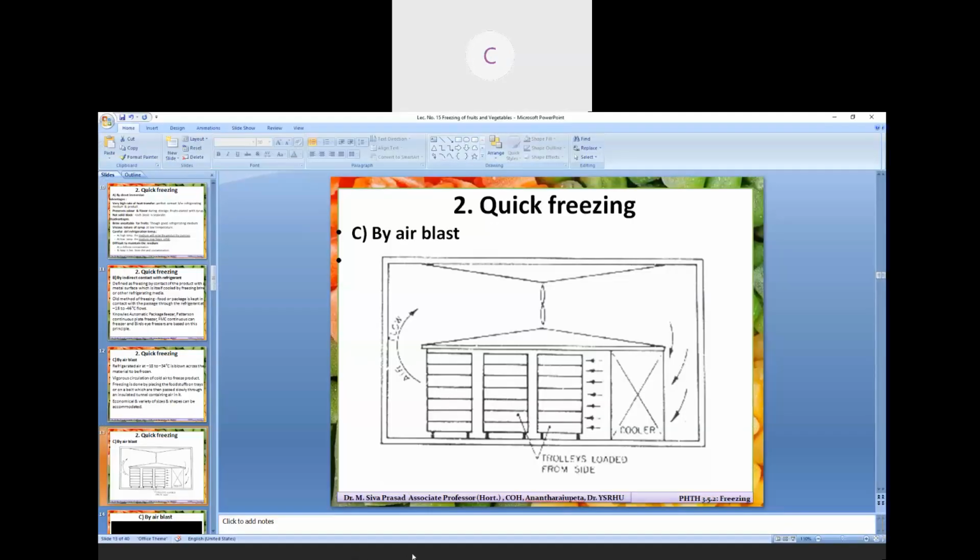Okay, so this is air blast freezing. In this video you can see air blast freezing being used.